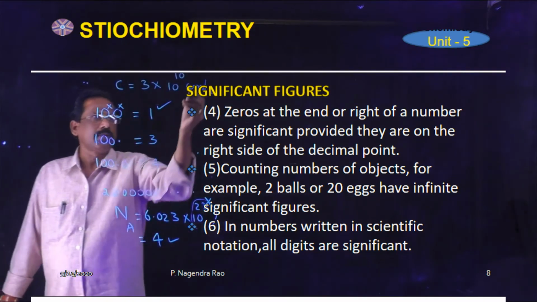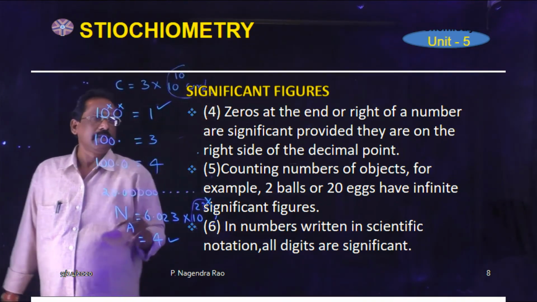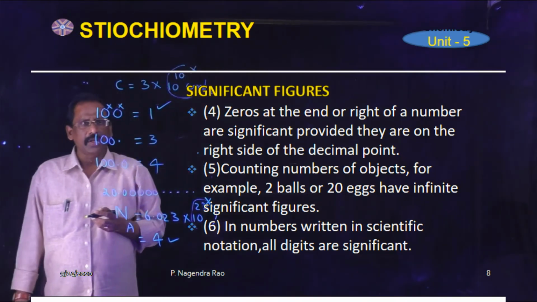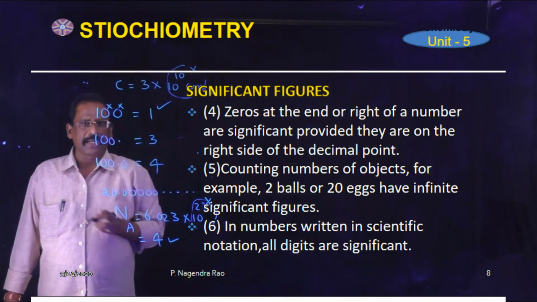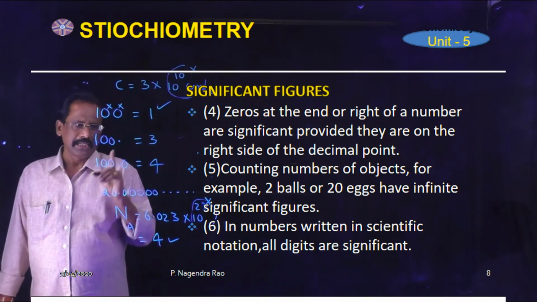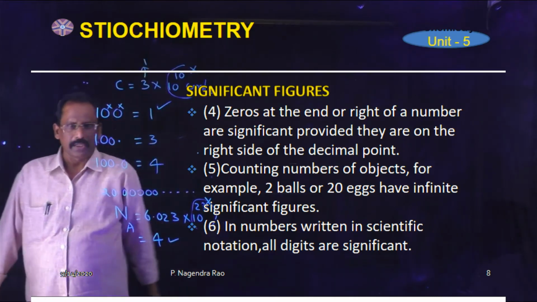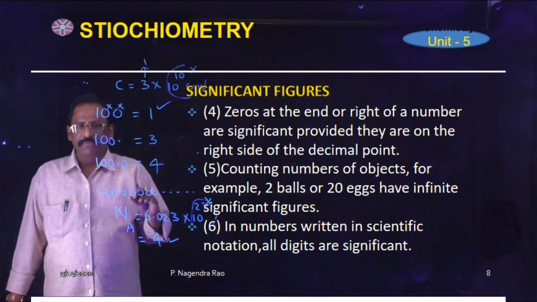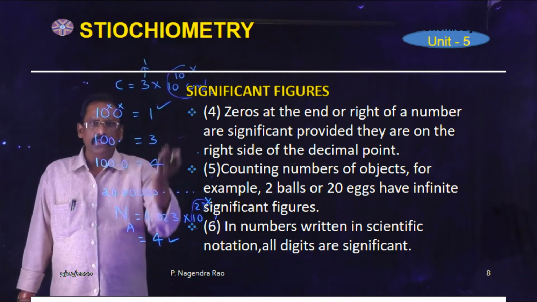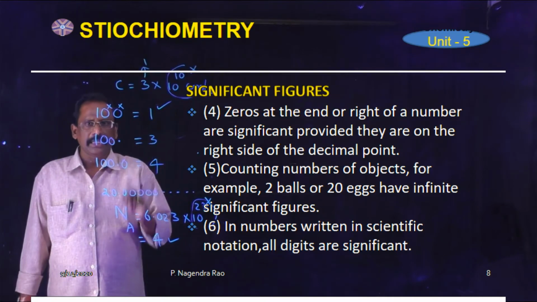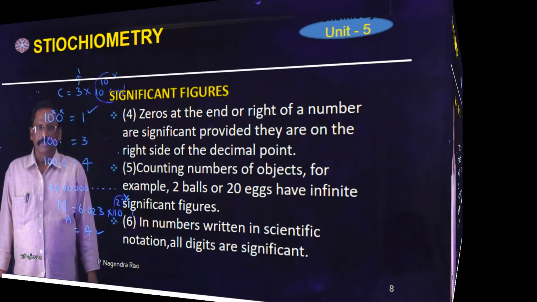Here also this is an exponential value, so this becomes insignificant. Now for the velocity of light, the significant figure is equal to 1. So these are the different rules which are used to calculate the number of significant figures in this chapter.